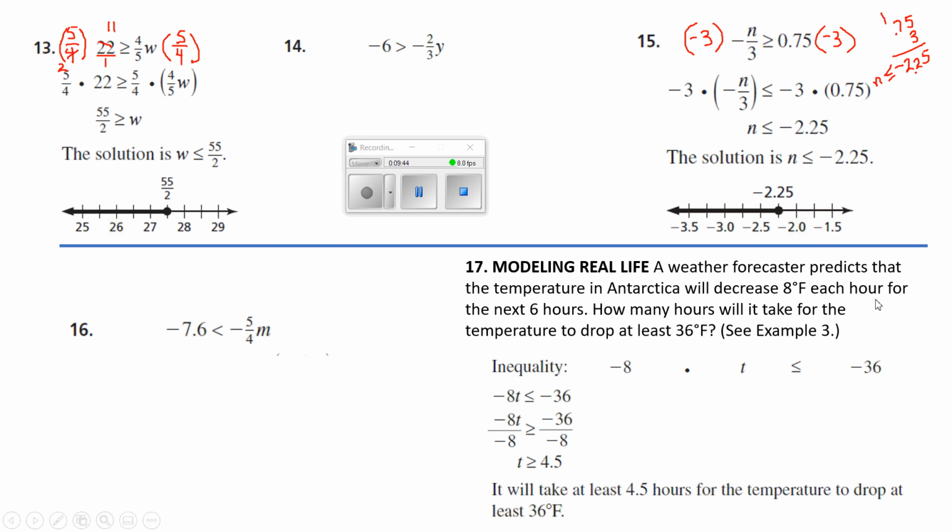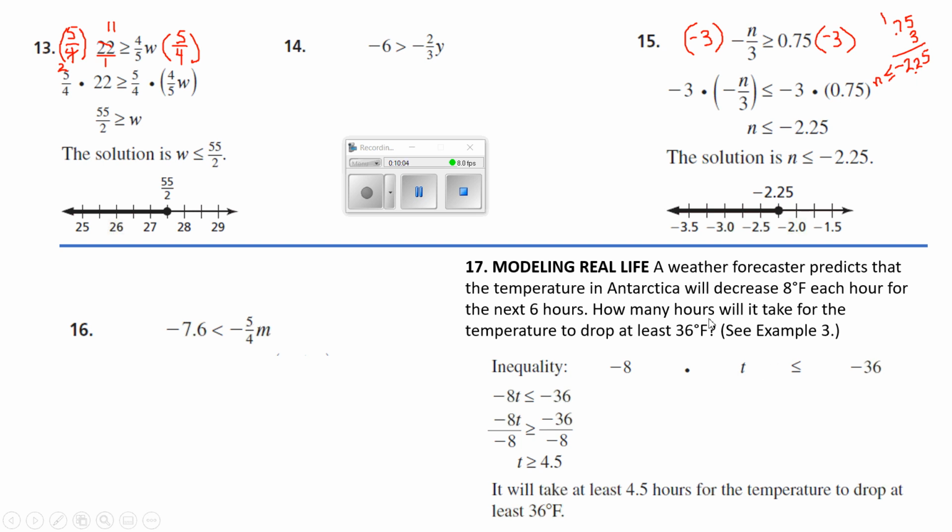For each hour for the next 6 hours, right? Do I know how many hours that is? No. Since I don't know, I'm going to multiply this to t, which is time, okay?